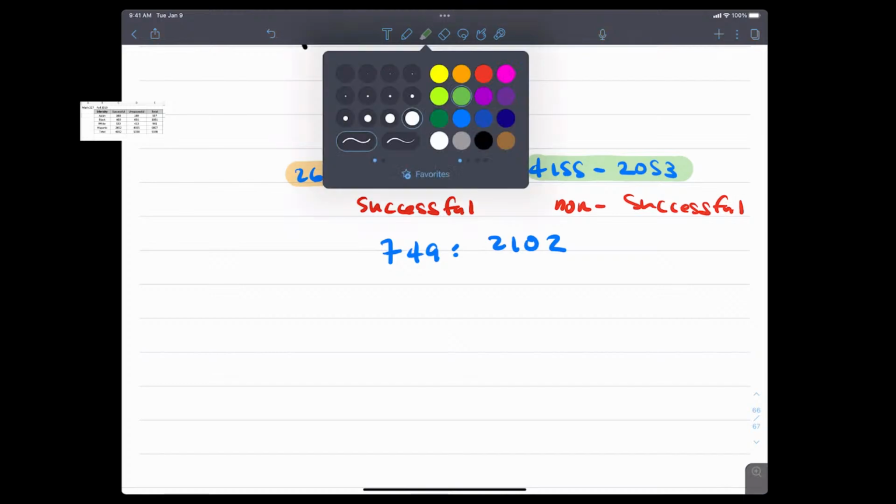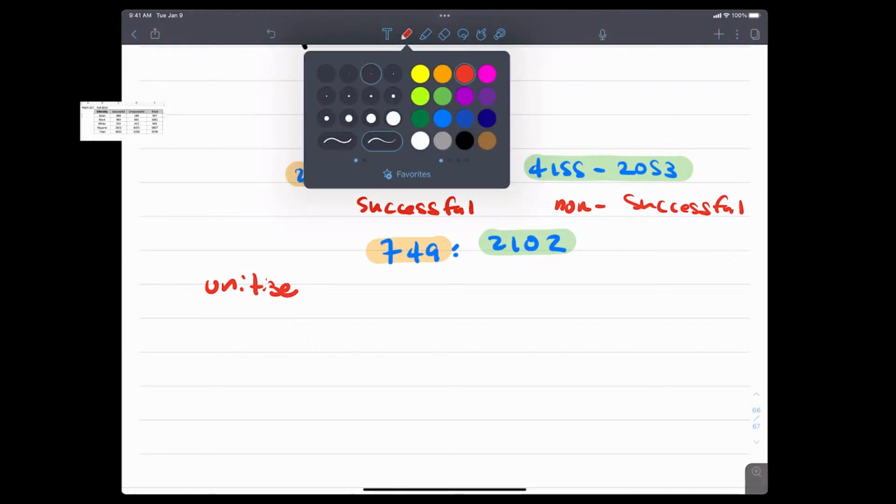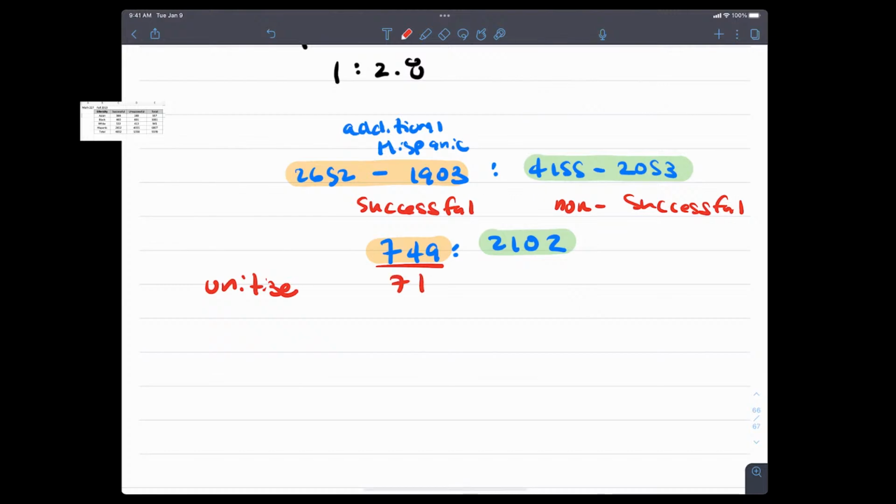Okay, this is the ratio, only for Hispanic students. Now, I'm going to say this: let's unitize. Remember this unitize idea? I love to unitize. You know why I love to unitize? It gives you an idea. This is now for every whole person. So we're going to unitize the successes.